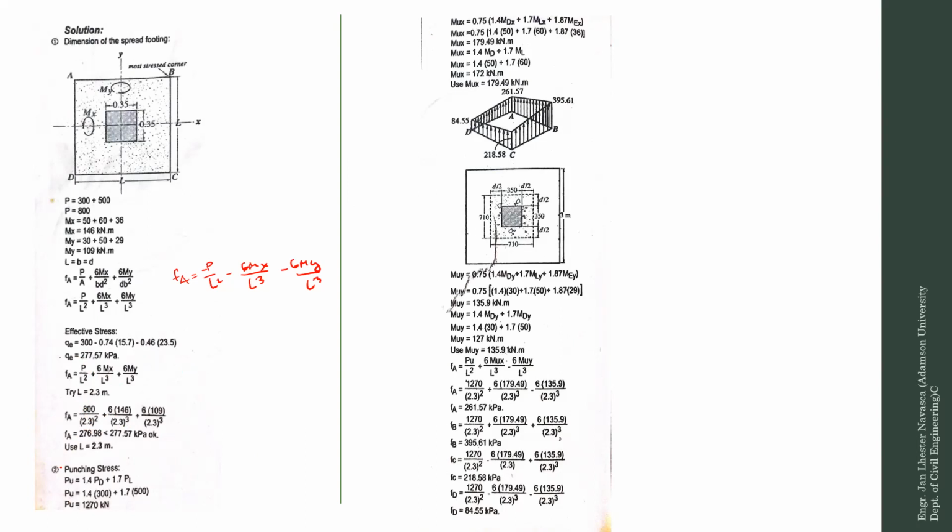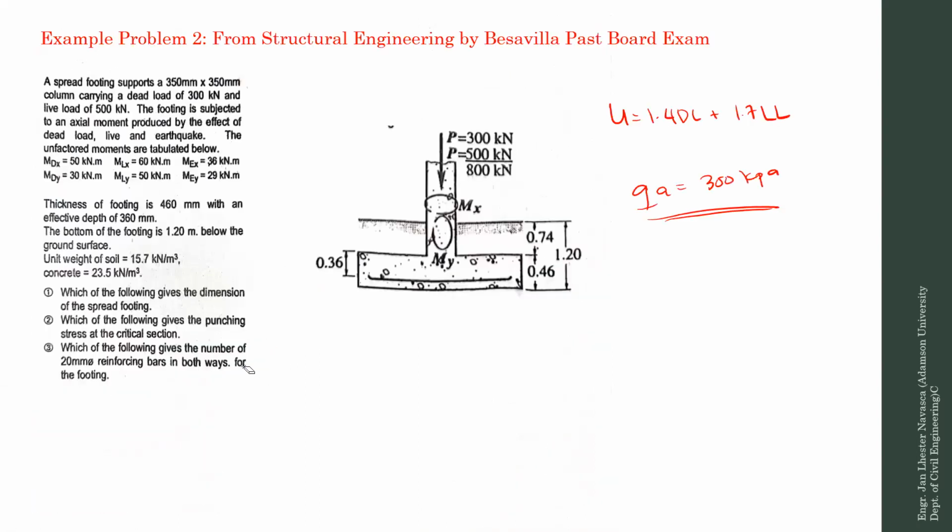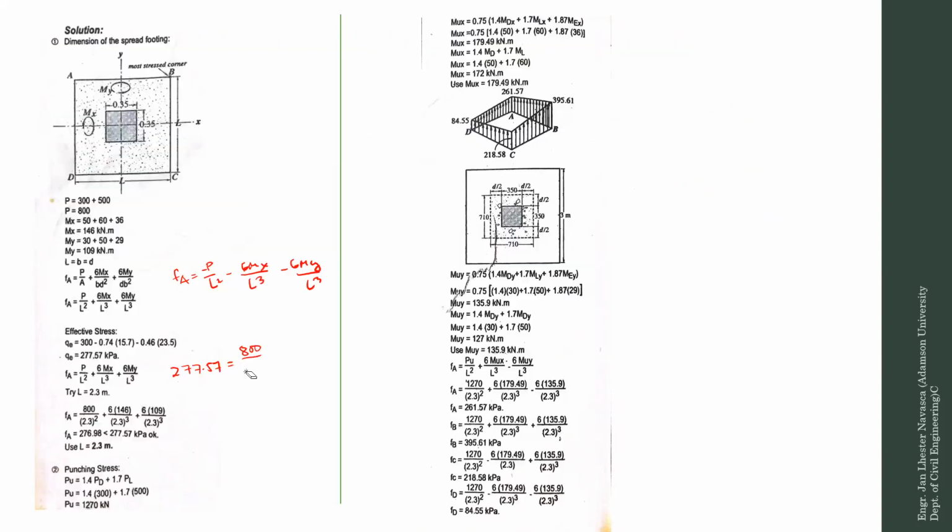Okay. So ganito siya. So pwede mong i-equate. So let's say this one, 277.57. Equate it to 800 over 2.3 squared. Should be L squared. Should be L squared. Okay.